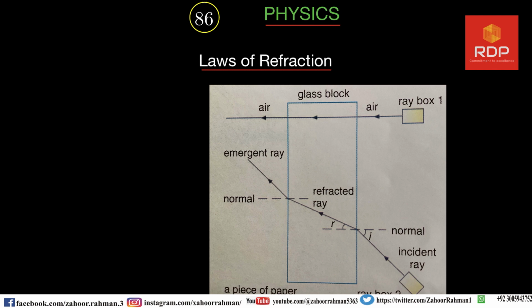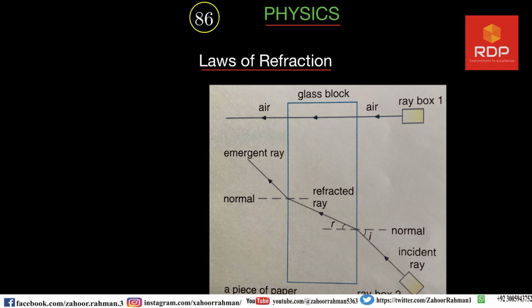But one thing is for sure, and that is the speed of incident rays in the optically denser medium is slower as compared to the optically less dense medium, air. That is the one observation we have to make.